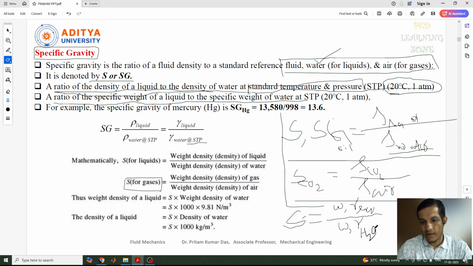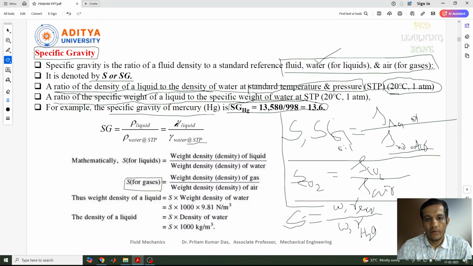This is the standard liquid we need to consider. So these are the two definitions by which we can calculate the specific gravity of any kind of fluid. One example I have given: specific gravity of mercury, Sg equal to 13.6.